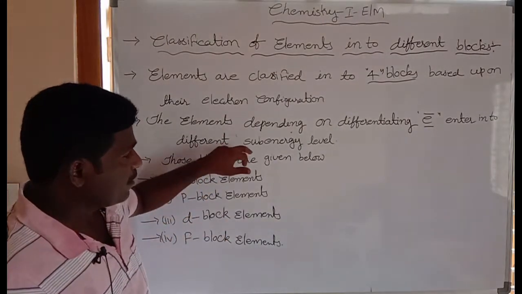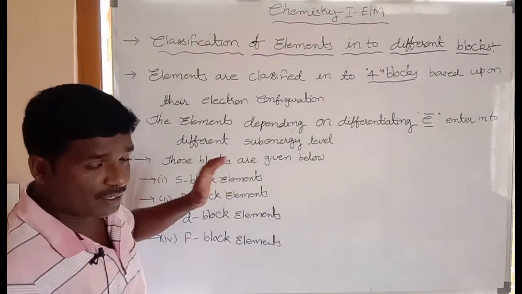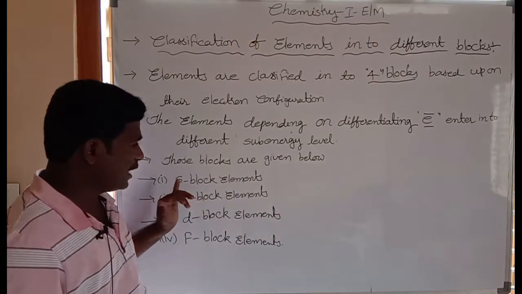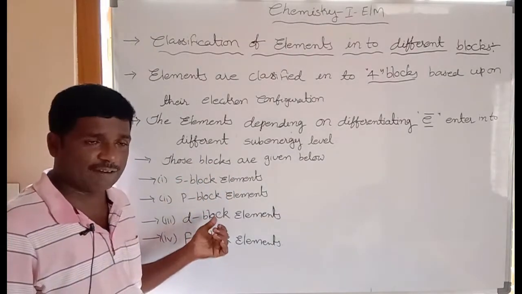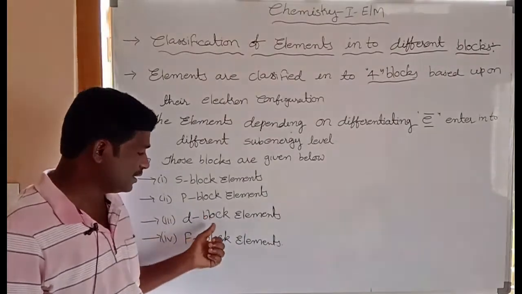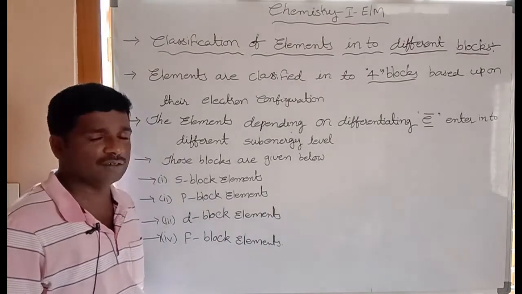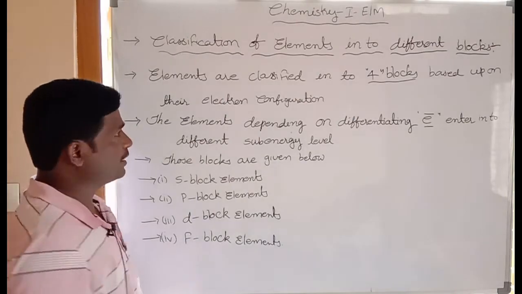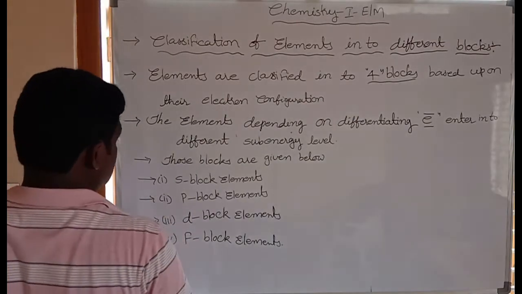The blocks are of 4 types: first, S block elements, second, P block elements, third, D block elements, and fourth, F block elements. Here is the first one, S block elements.